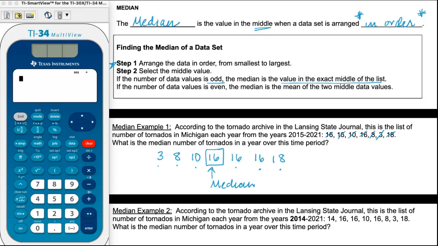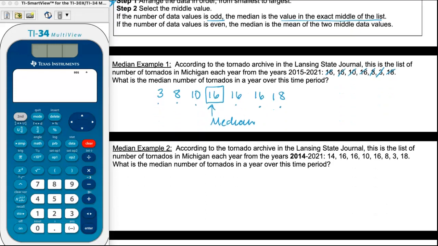Now in the next problem, we're going to look at a very similar example. So we have a list of tornadoes here, but now we're going to add 2014 in there. So now we have an even number of numbers. So we have an additional number 14, but I'm just going to list them like I did before. So I have 3, 8, and then 10, and then 14, and then we still have the 3 16s, and then 18.